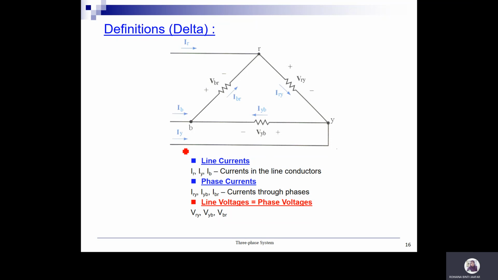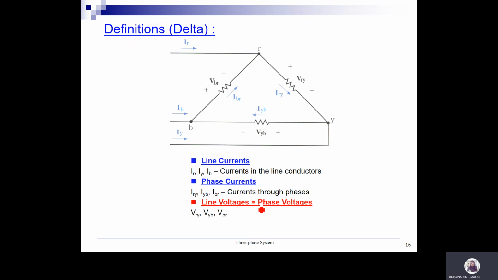The phase current is IRY, between red and yellow, IYB between Y and B, and IBR between B and R. For delta, line voltage is equal to phase voltage.